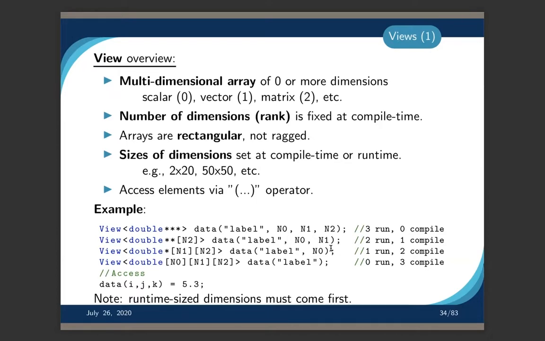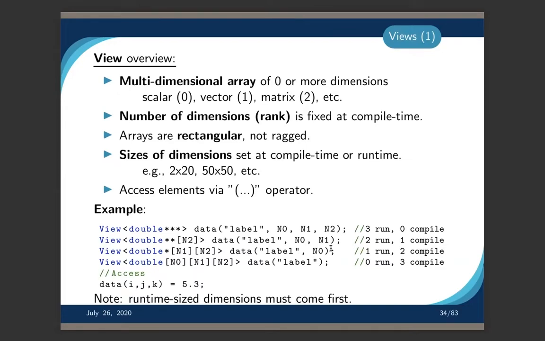Note the stars here do not imply that we have pointer chasing going on. The underlying data structure is not a pointer to pointer to pointer; it is a 1D array. The stars are only denoting runtime dimensions, and we use that in some type deconstruction to figure out what the rank is. In C++ you can't write double, n2 star n2.